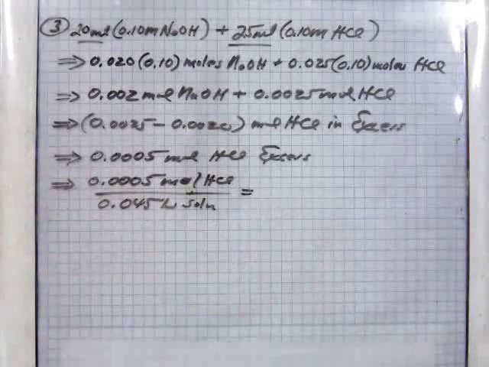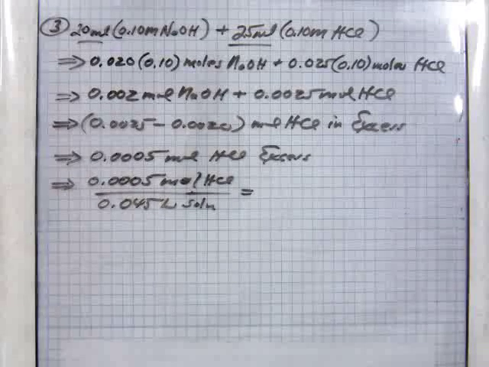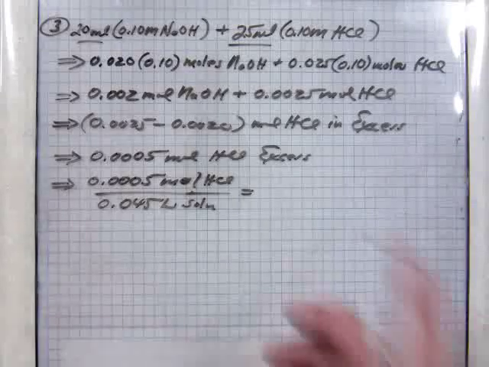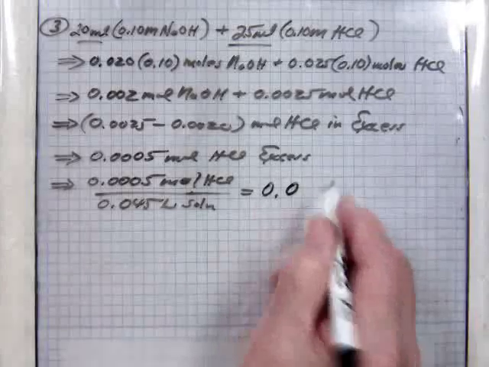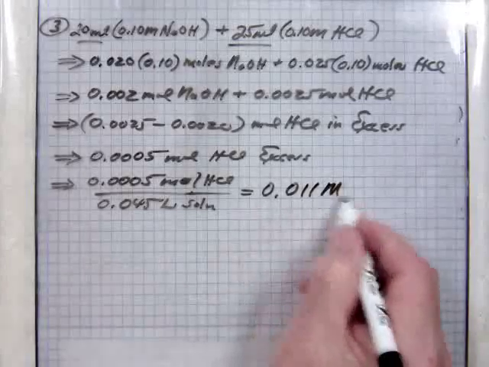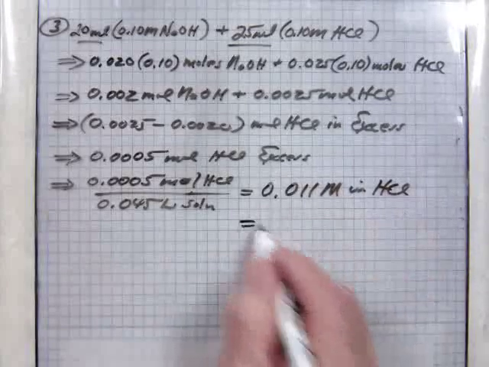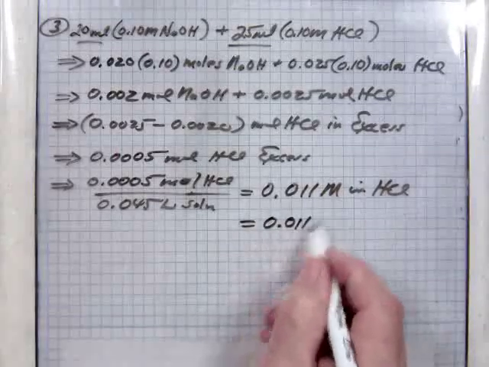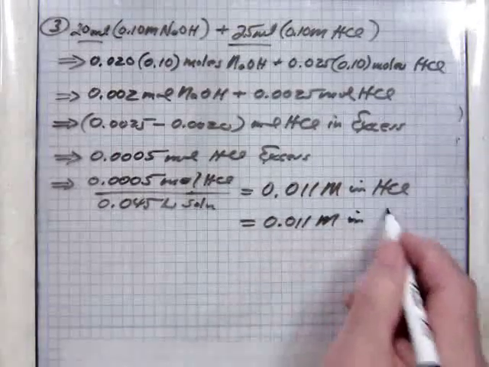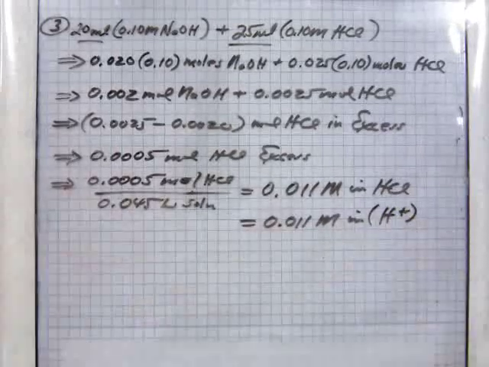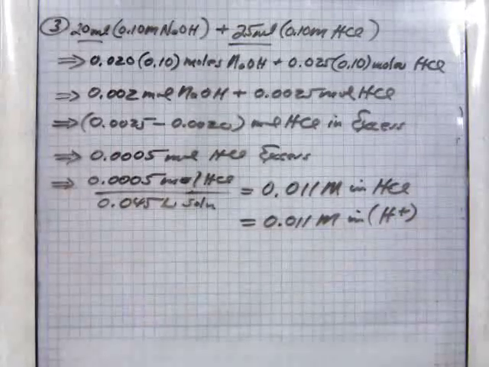And so the concentration of HCl now in molar terms is 0.01111 molar in HCl, which is of course 0.011 molar in the hydronium ion, because it's 100% ionized.